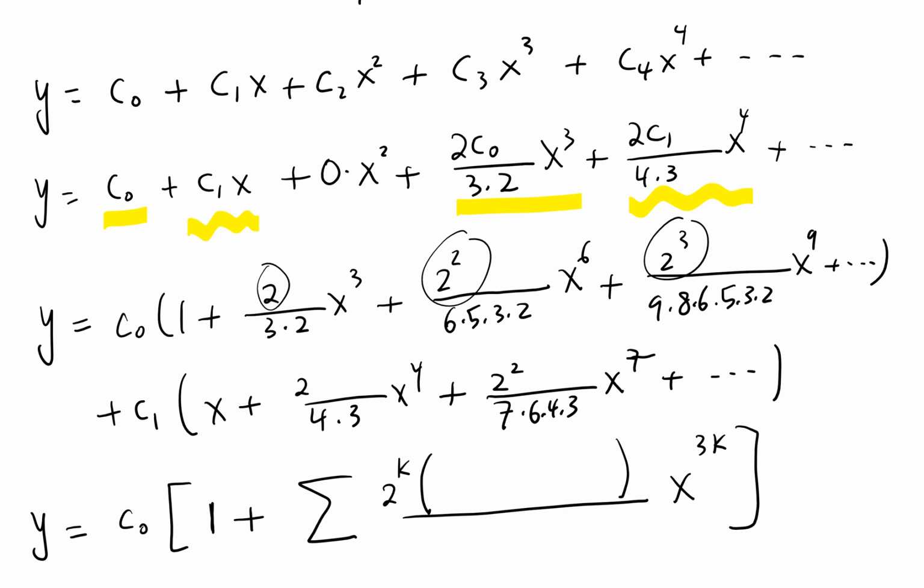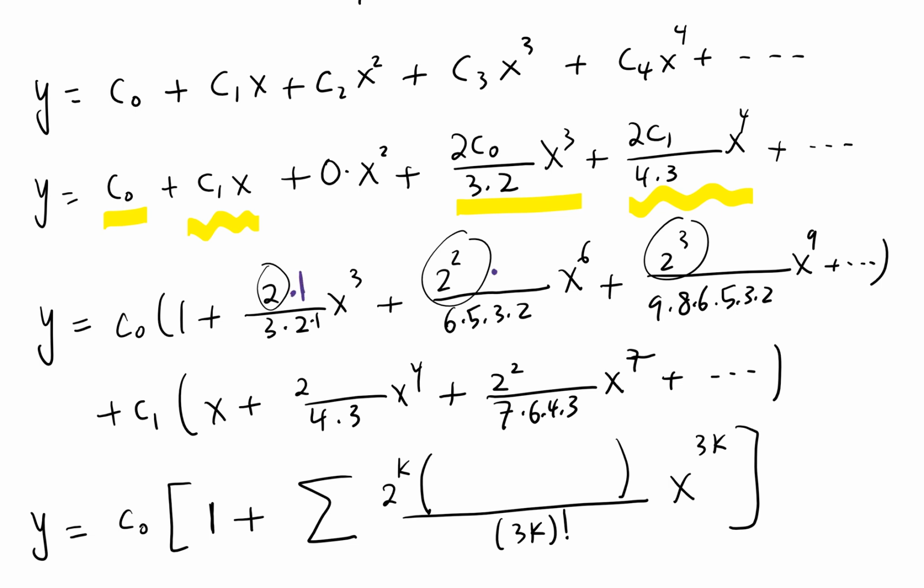See, the denominators, there's like 3 times 2 times 1, then 6 times something something, then there's 9 times something. So what is missing? What is here? So we can rewrite it as 3k factorial, but let's see what's missing on the top.